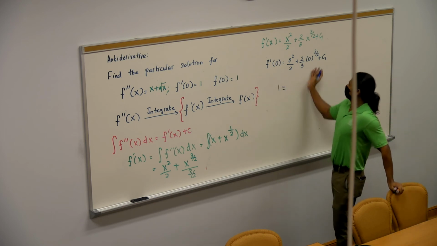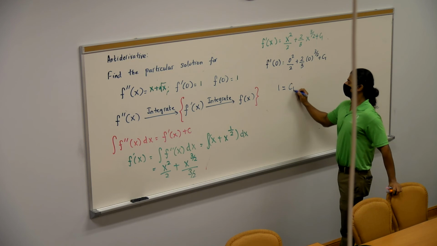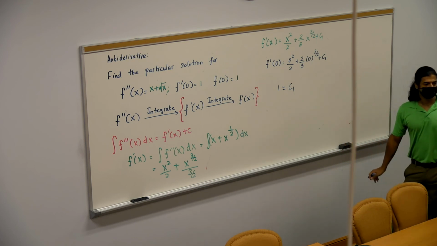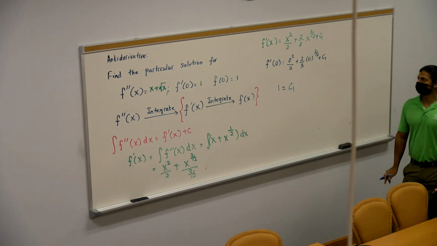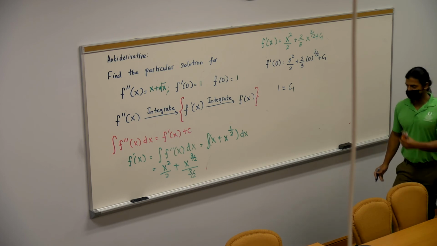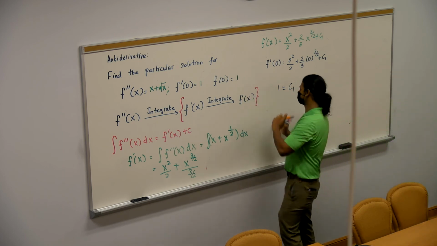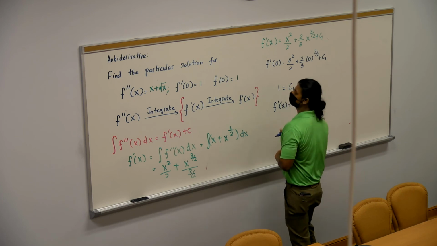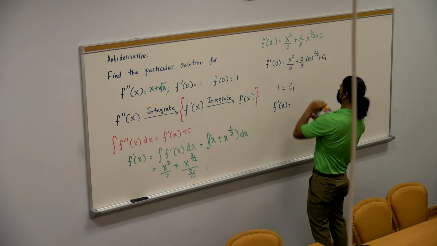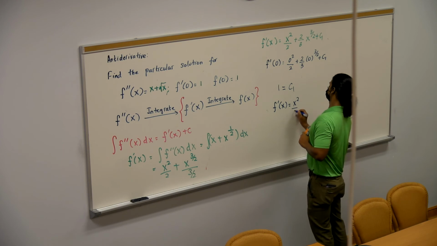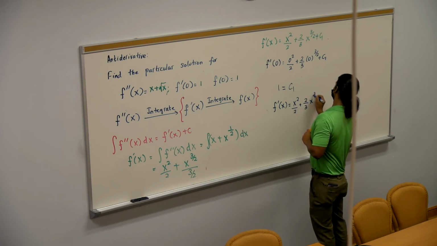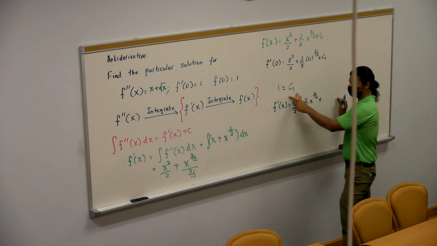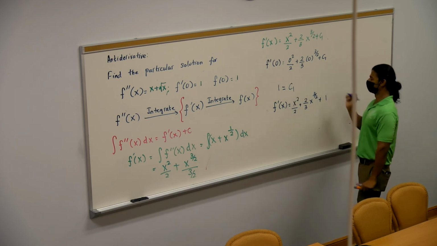So 1, all of that is 0, would equal C1. So what is our first derivative which satisfies the condition? The first derivative is simply the function we found. So the value of C1 is 1.